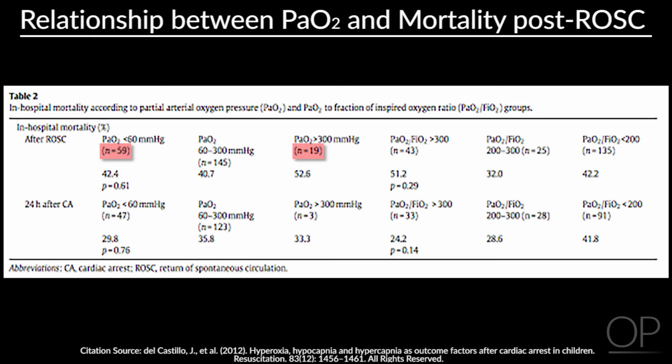Clearly, what was demonstrated in their study of over 500 children, once again between a month and 18 years of age, so a broad range of patients, was that while hypoxia was more common than what we'd have anticipated, regardless of where the PaO2 was post-resuscitation, there was no association with worse outcome.